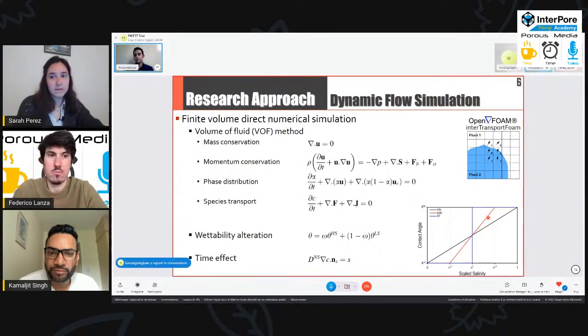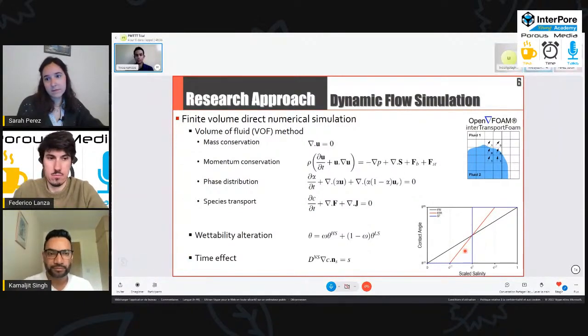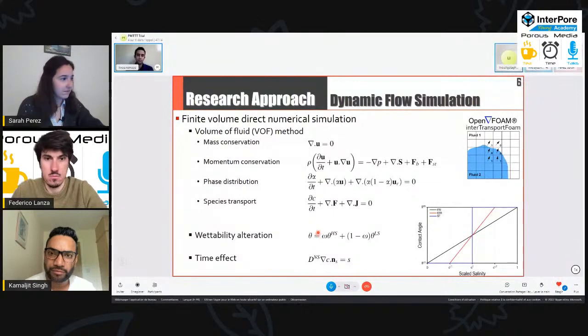The other one is the effective salinity range model, where we have used a smaller range in which the salinity is changing. And there's the salinity threshold model, in which the contact angle changes at a threshold. And we have implemented the time scale, where we have introduced a lower near-surface diffusion rate.